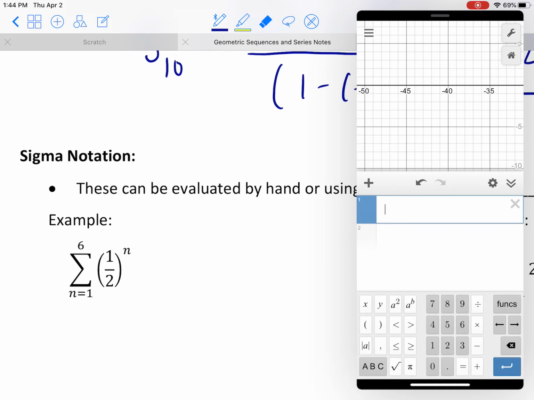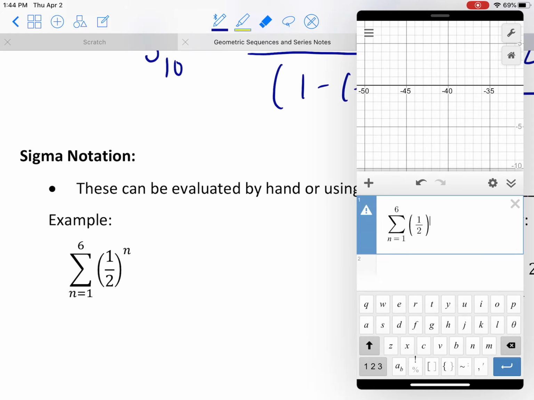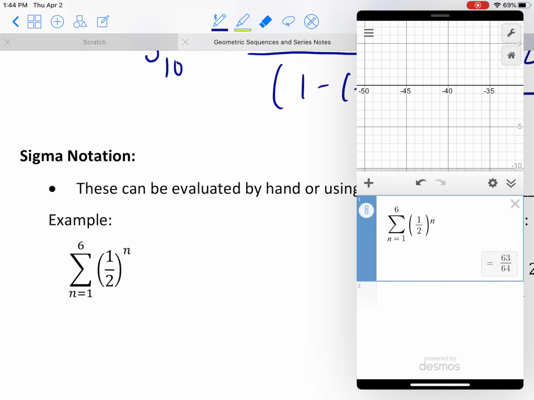Or, since we're going to have to go to Desmos either way, right, we just plug in this sigma notation right to Desmos. So I'm going to go here and go to functions, miscellaneous, there's my sigma. We're going from 1 to, on the top, 6, and then we're going to put in a parenthesis 1/2, close, see, don't close there, close there, and then we're going to raise that to the nth power.